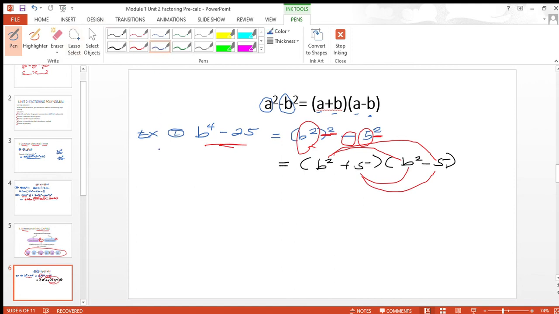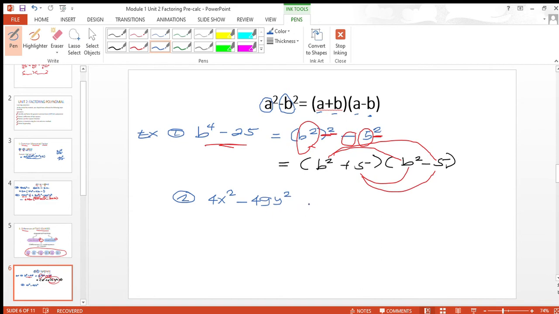Another example, second example. Let's say we have the expression 4x squared minus 49, let's say y squared.